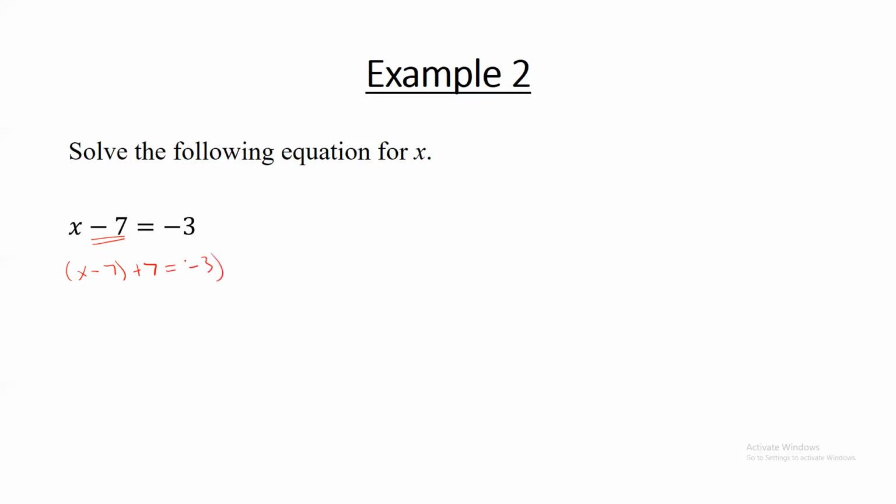And that means that we have to add 7 on the right because we did it on the left. Whatever we do, we have to do to both sides. Negative and positive 7 cancel. And we have x equals negative 3 plus 7, which is 4.